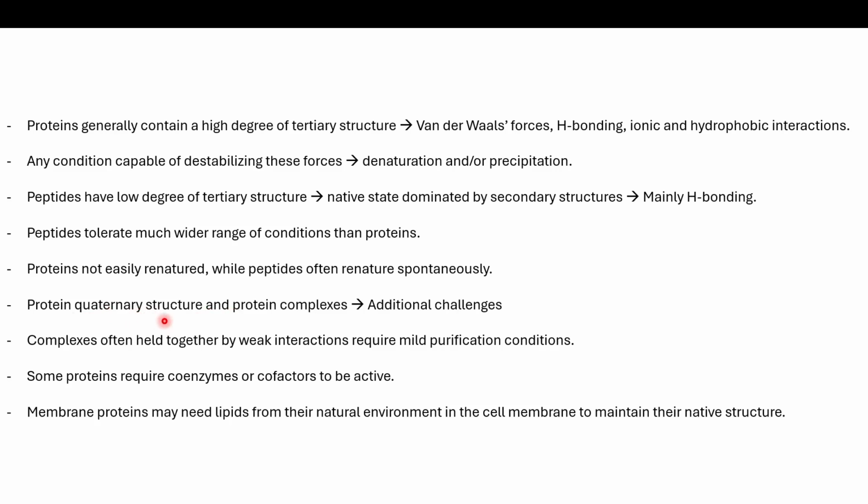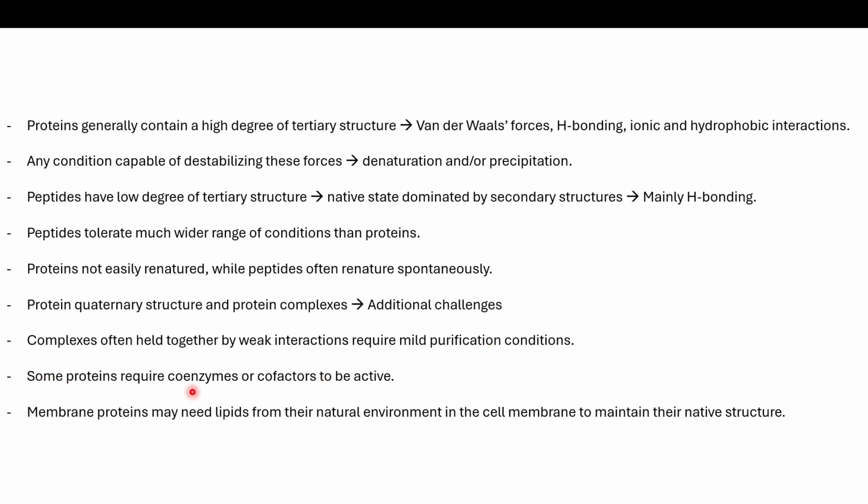So protein quaternary structures and protein complexes can give rise to additional challenges during purification, because complexes are often held by weak interactions and these require mild or less harsh purification conditions.